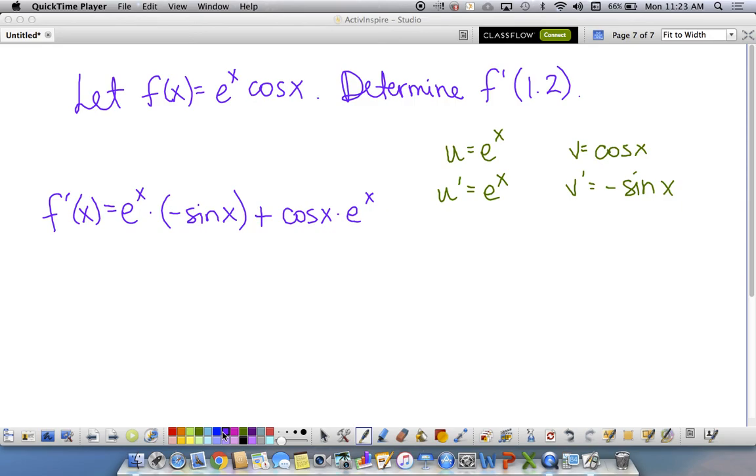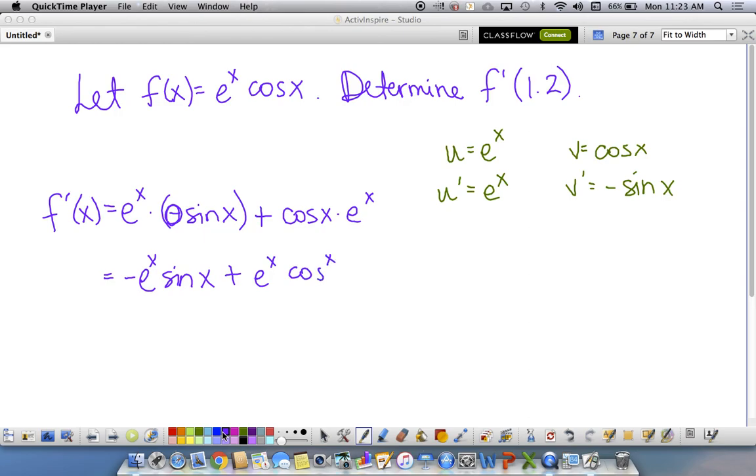So I'm going to rewrite just a little bit. And you technically could factor out the e to the x, but I didn't. That's okay. But I don't like this negative sign being in the middle. So I put the negative out front. Negative e to the x sine x plus e to the x cosine x.